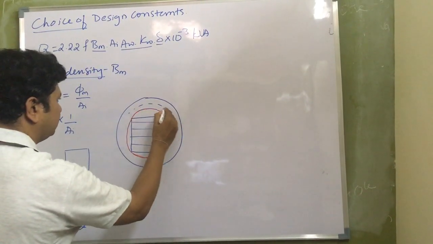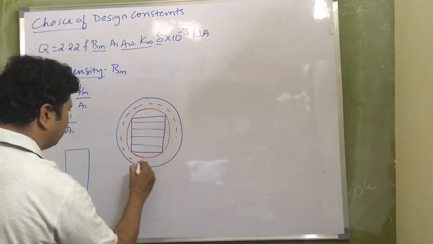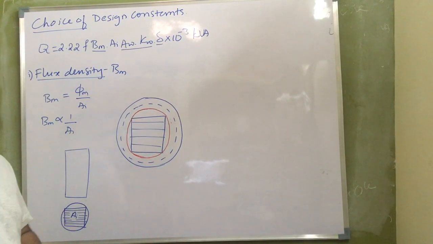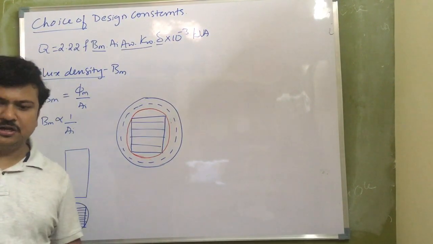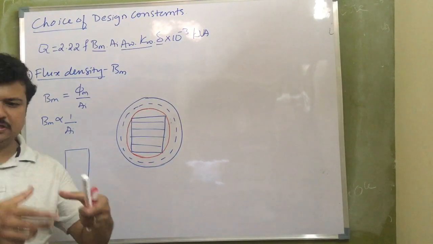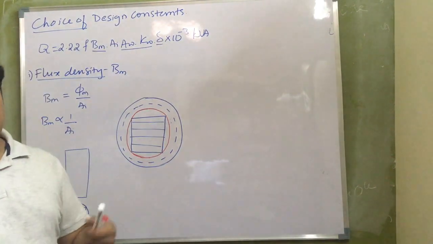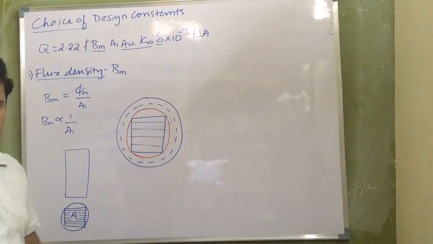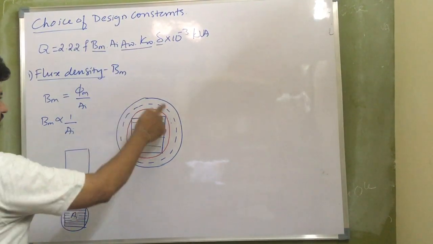And this is the length of mean turn. Usually we talk in terms of mean turns, because as I place the number of turns on the transformer core, it will form a certain thickness, and the length of the inner turn and the outermost turns are different. Hence we talk in terms of mean turn only. Now this is the length of mean turn.